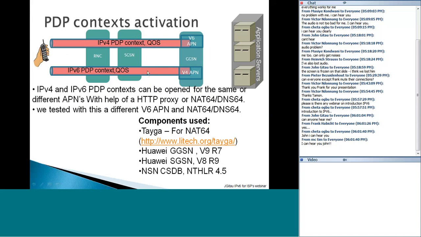Now, normally a network will give you the PDP context, some QoS parameters, if any has been set, and for these purposes, actually, you can use either HTTP proxy or you can use NAT64 and DNS64. Now, the components used here, we used Tiger for NAT64. It was the easiest thing to play around with at the time. There are other implementations that you can use.